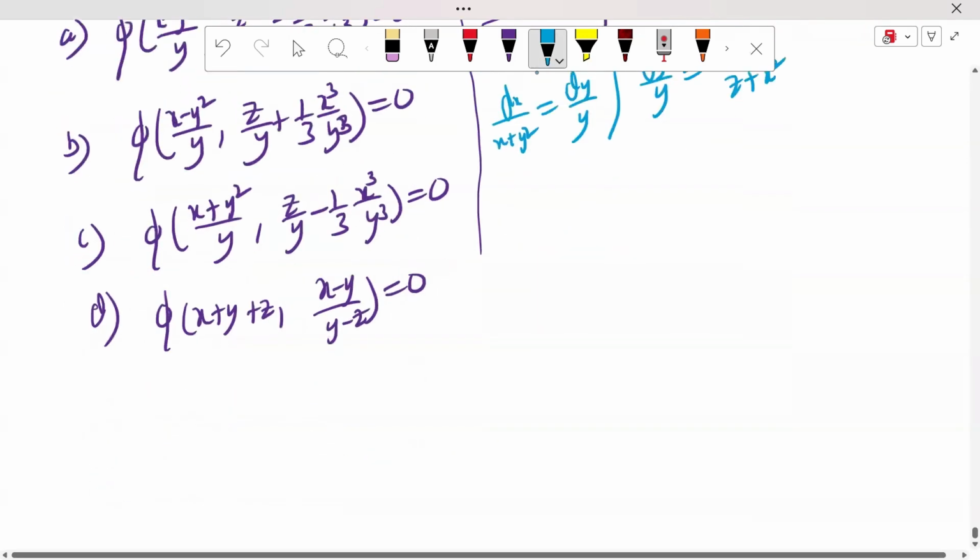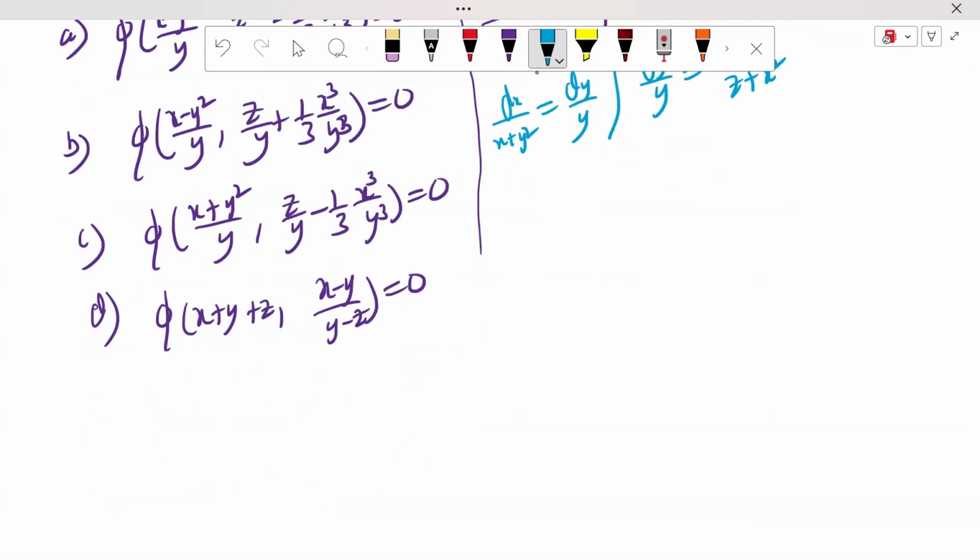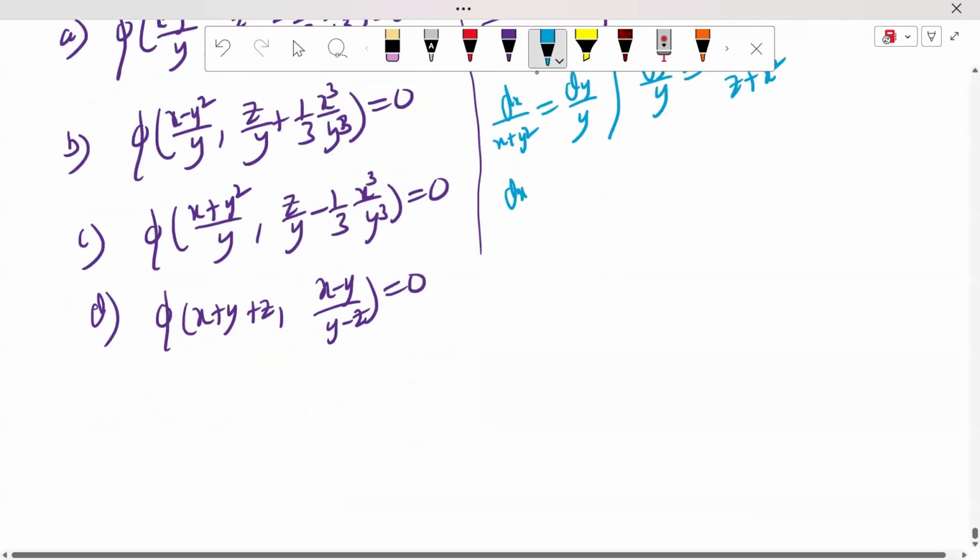We take the first two fractions and solve. It can be written as dx by dy is equal to (x plus y square) by y, so dx by dy plus minus 1 by y into x is equal to y.